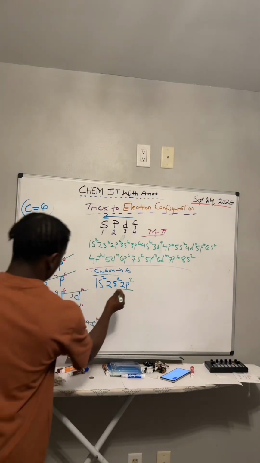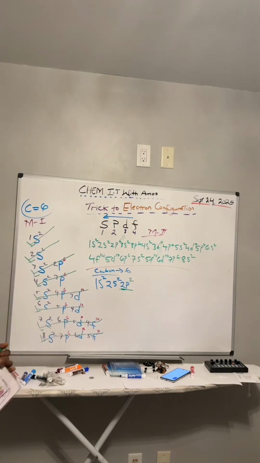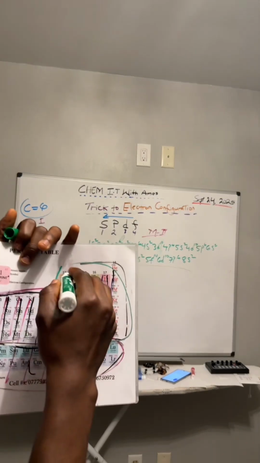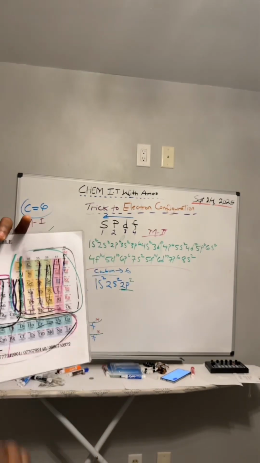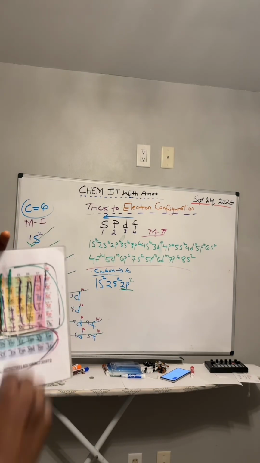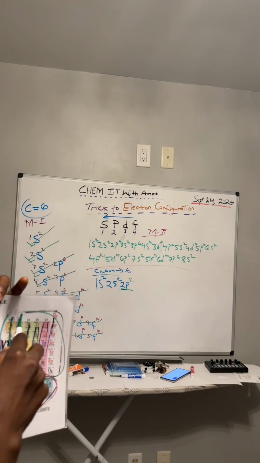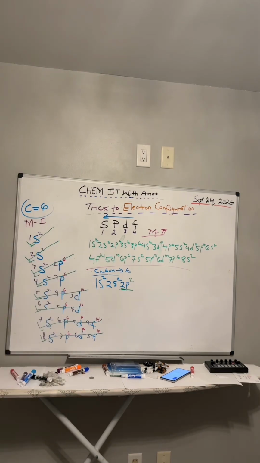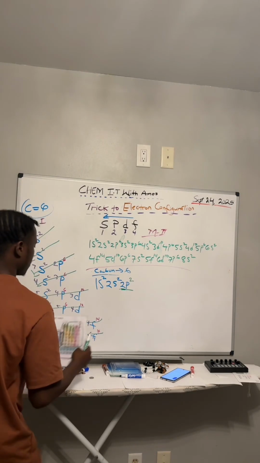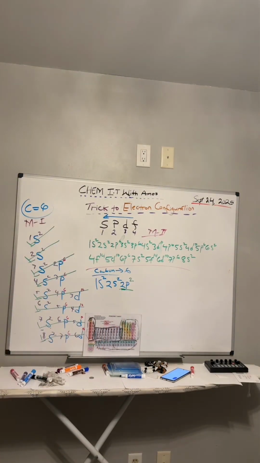Here is group 1 of the P block, here is group 2. So carbon is in group 2 right here, in the second row. This is how elements are positioned on the periodic table.